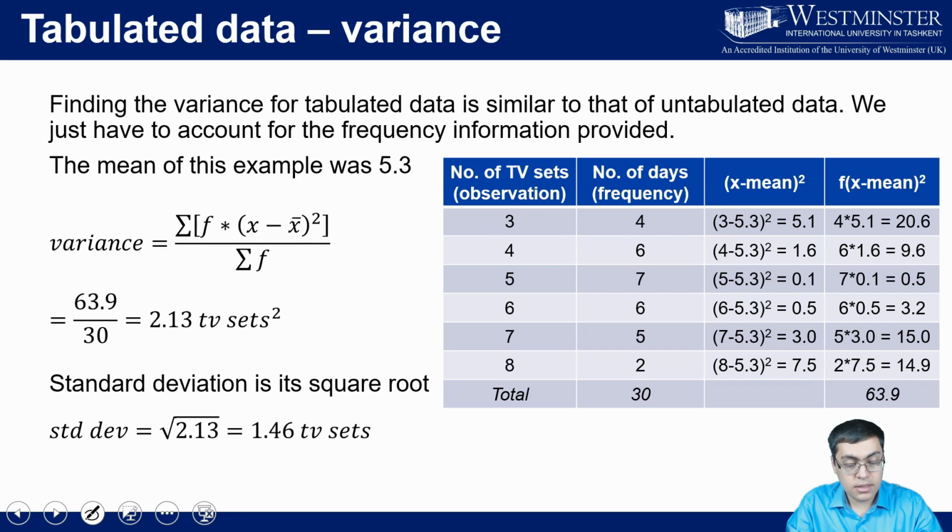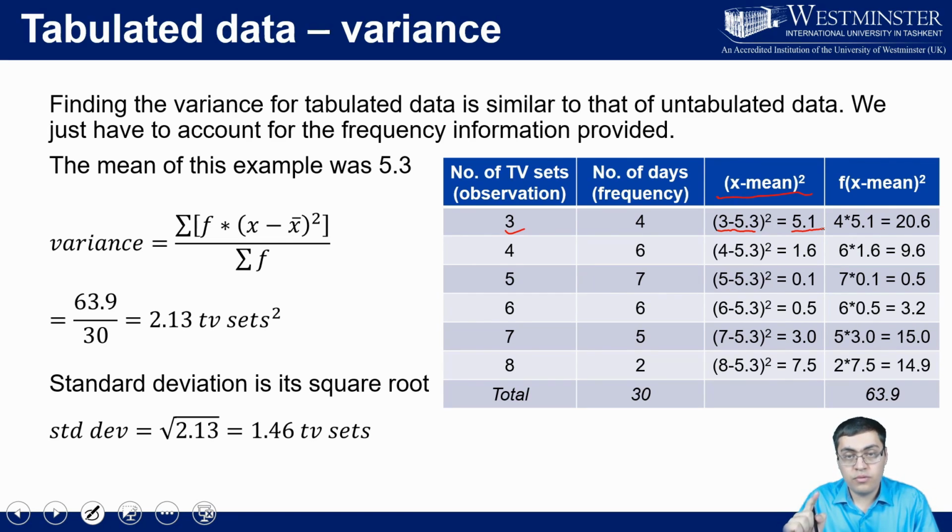In this example, the mean is 3.5. Once I have that, I subtract it from all of the observations. That is happening in this column over here. My observation was 3, so 3 minus 3.5. Once I found that, I square it. That would give me 5.1.